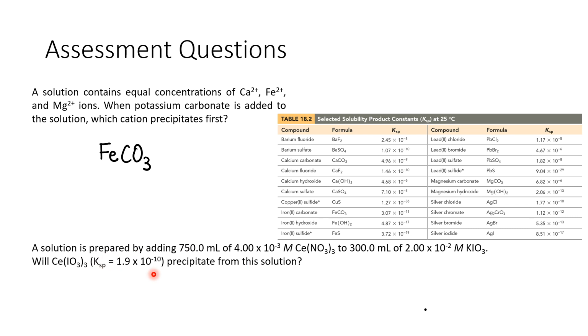If Q is greater than KSP, you have a precipitate form. If the Q is equal to KSP, you have very little precipitate, right? And then if Q is less than KSP, then you don't have any precipitate form. And we talked about why and all of that in the previous slide. So this problem is just like that. So give that a shot.